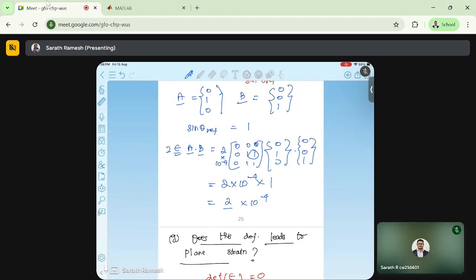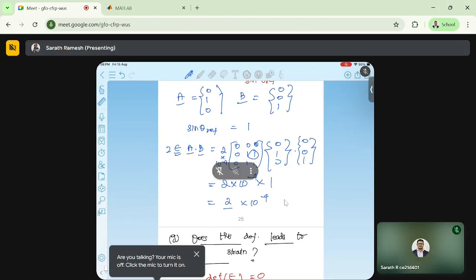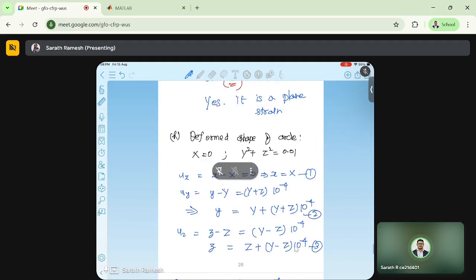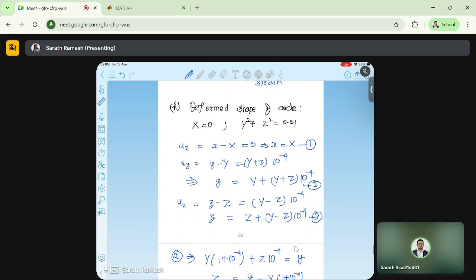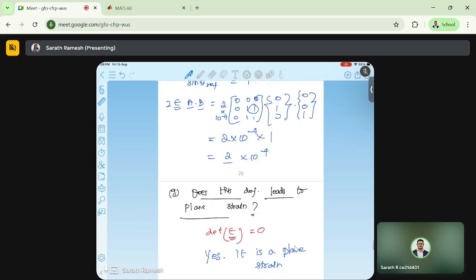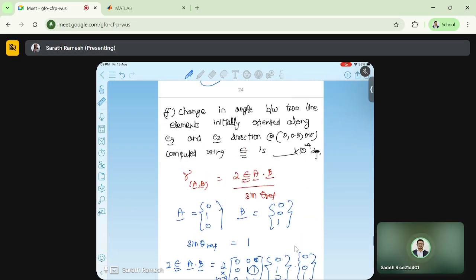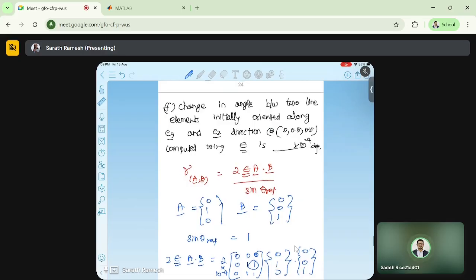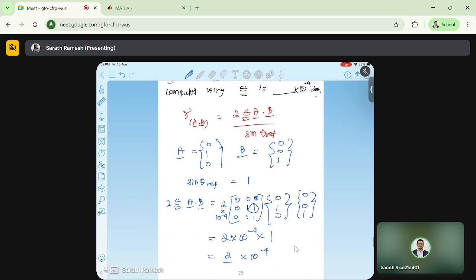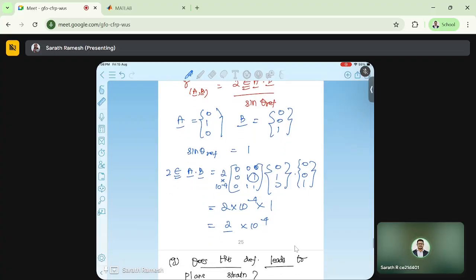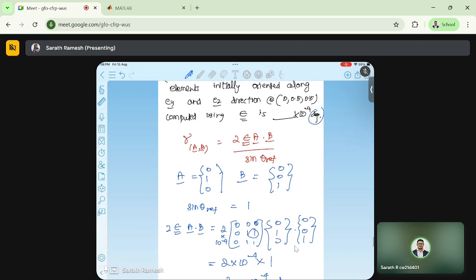There is a small correction in one of the problems that I have given. For part F, we found the change in angle between A and B, but it was in radians, while in the question they were asking for degrees.